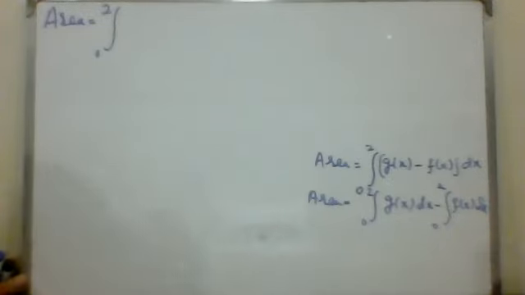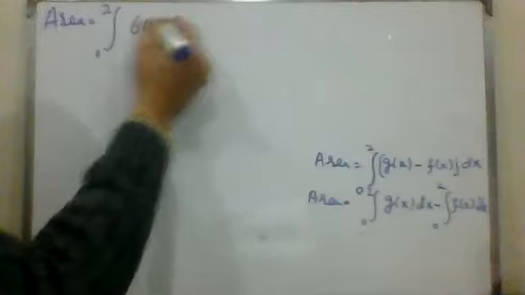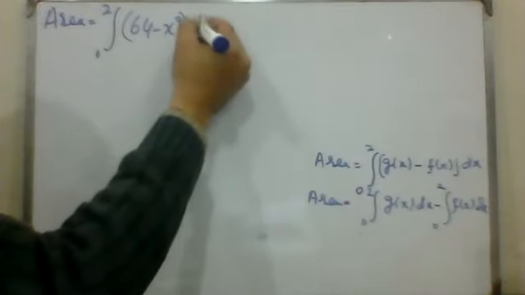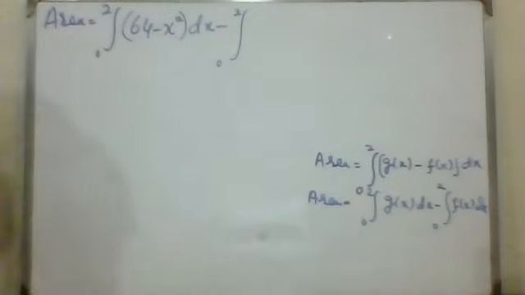What is your g of x function? G of x is 64 minus x square dx, with a negative sign, from 0 to 2. What was f of x in your question? What is f?